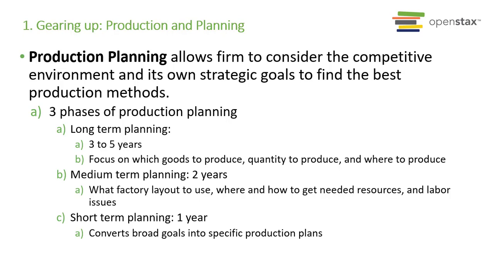And so, there's some really interesting things out there in terms of layout, not the standard, very beginning to end, one big line layout that we tend to think about. And of course, short term, converting broad goals into specific production plans. Think more, just, boots on the ground, making it happen, more operational.